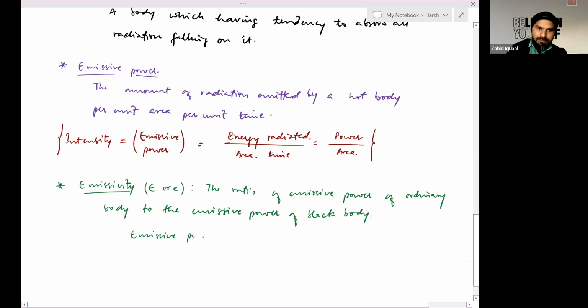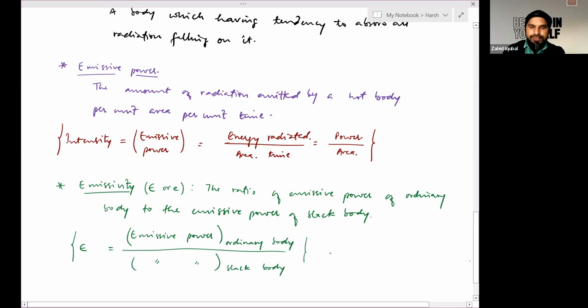So it is just a ratio, and we can say it is a unitless quantity.